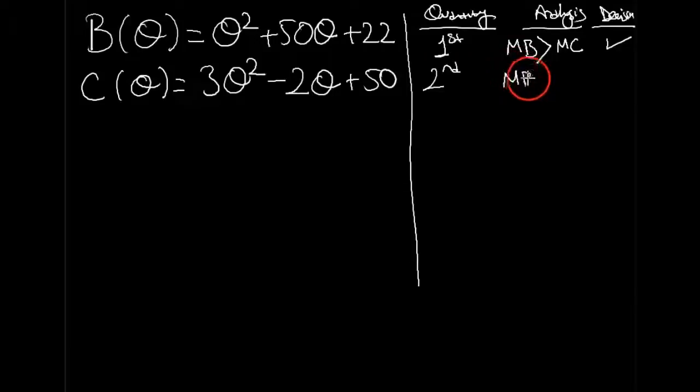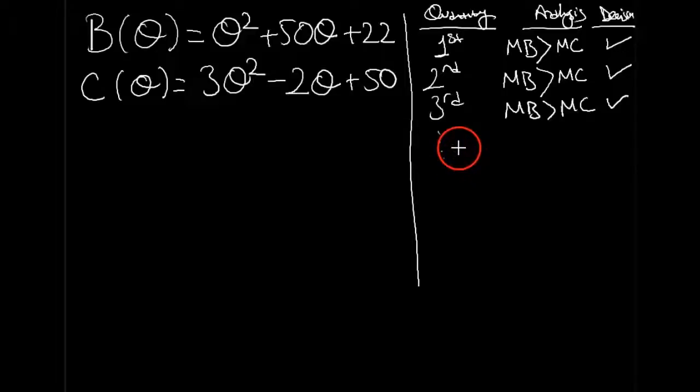What is the marginal benefit of the second unit and marginal cost of the second unit? If the marginal benefit is greater, then we go ahead and produce that unit. We do the same for the third unit, and if marginal benefit is greater than marginal cost, we produce that. And we do this until we come to a quantity which we call Q star.